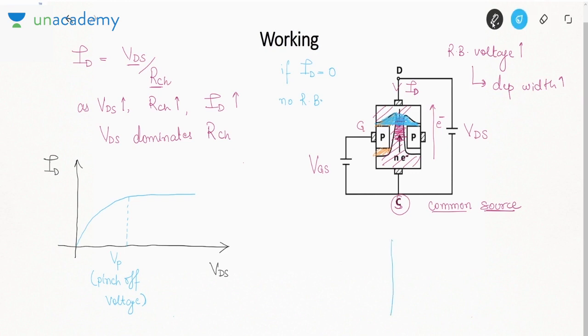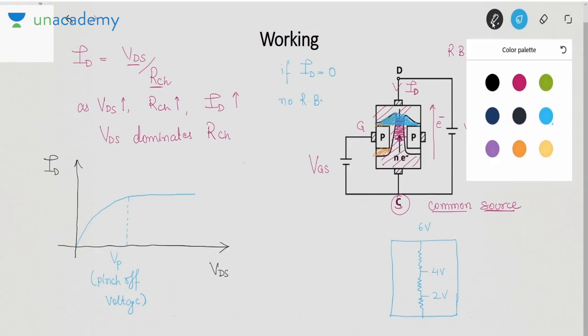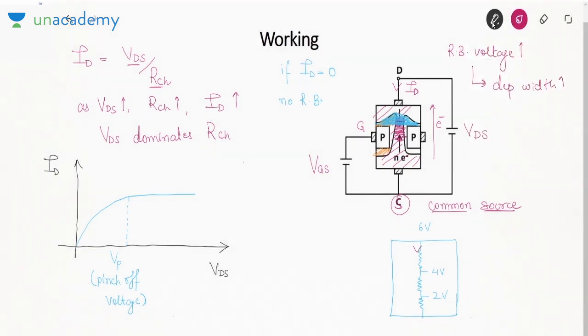I told you that in this device there are resistances. I told you the voltage here is, for example, 4 volt, 2 volt, here it is 6 volt. So on what basis am I saying this? Because there is some current flowing which is causing voltage drop across the resistance.